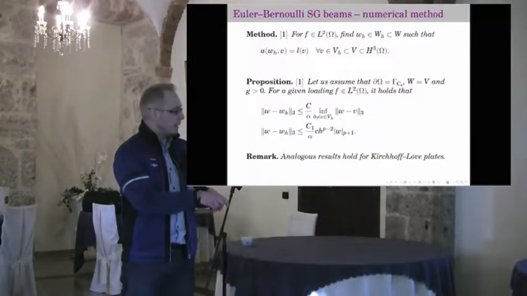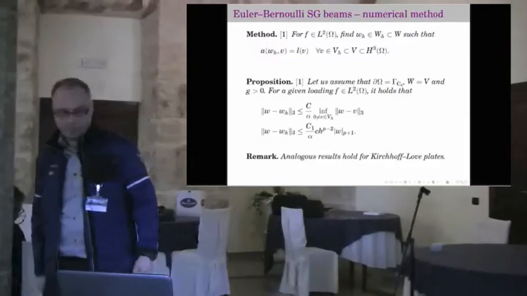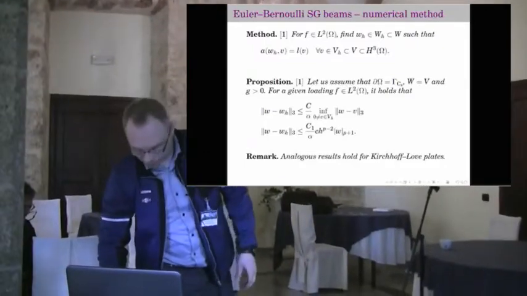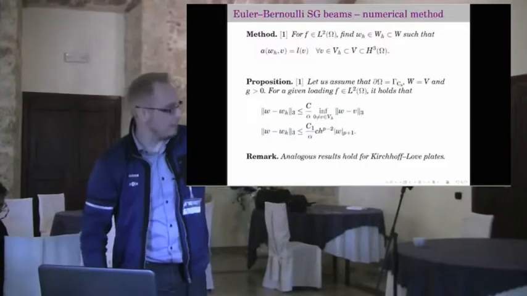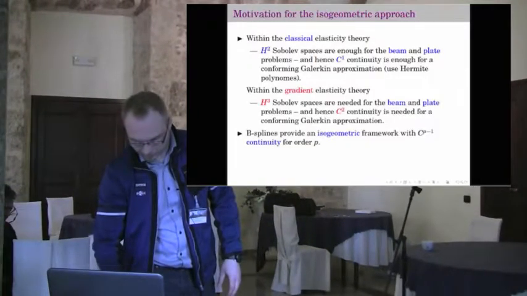But this is the practical error estimate where we have the convergence rate with respect to h, and then of course the power here is p minus something or p, depending on the problem. And we have done the same for plates, but I'm skipping everything here.